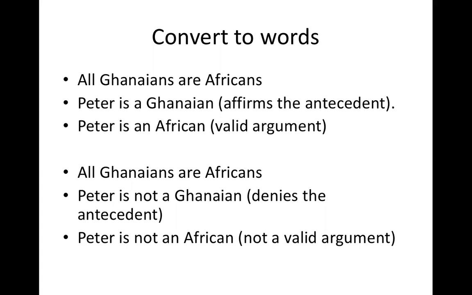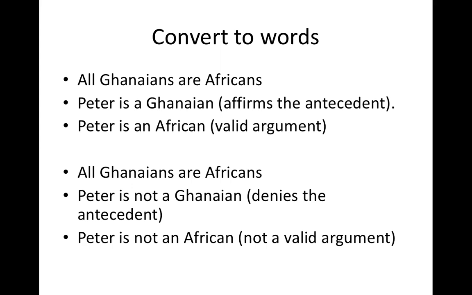So you can see why an argument that affirms the antecedent is valid. When you say all Ghanaians are Africans, Peter is a Ghanaian, affirming the antecedent, Peter is an African. It gives you a valid argument. But if you say Peter is not a Ghanaian, in order to say that Peter is not an African, it will not be a valid argument.